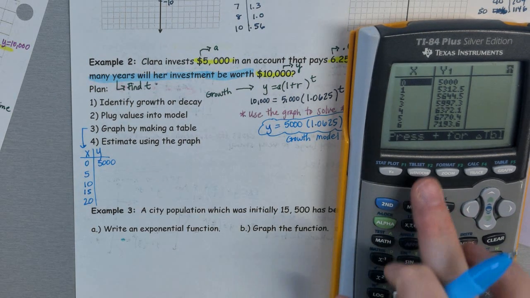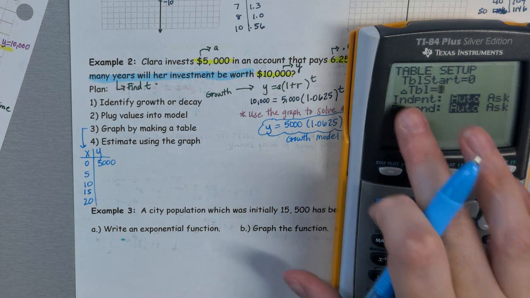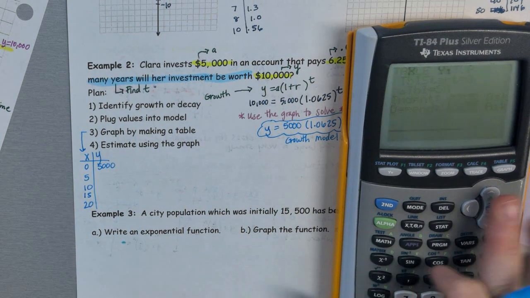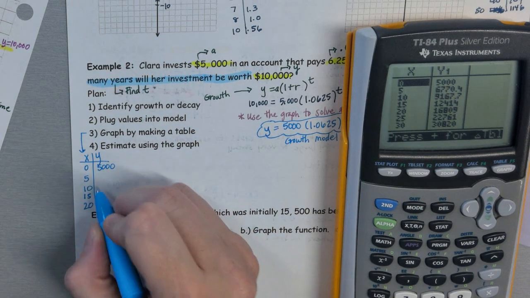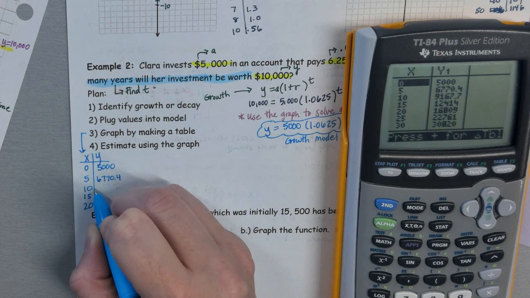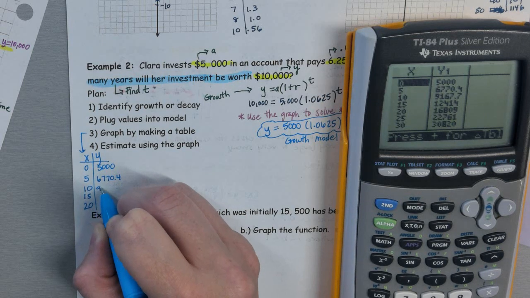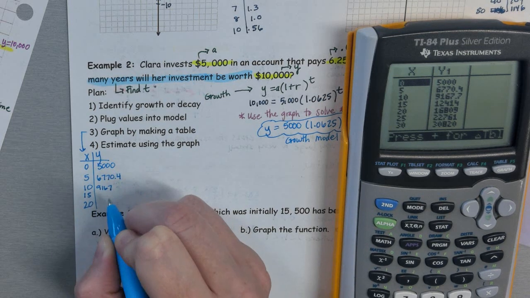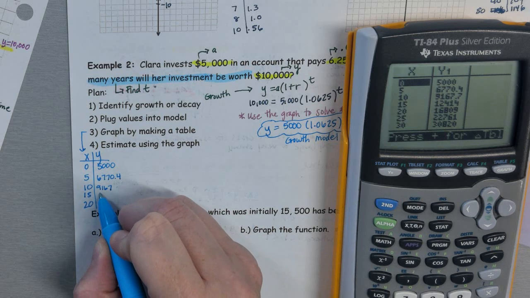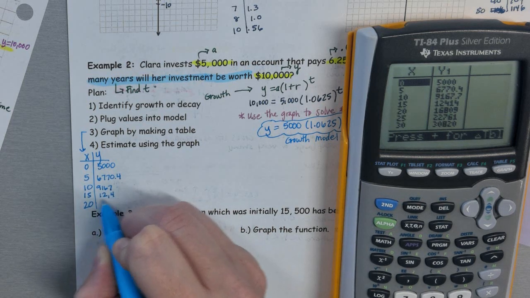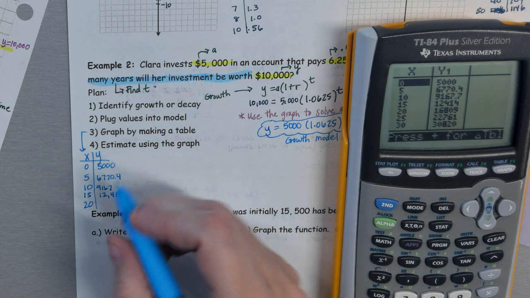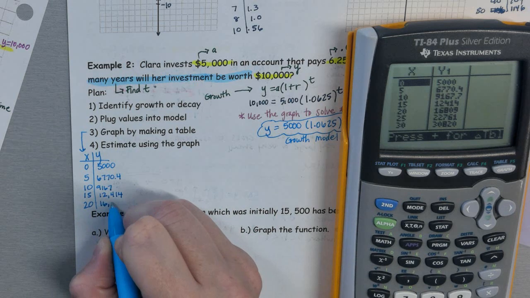So if you want to do your table set, and this means change in the table, if you want to go by 5s, so you don't have to scroll, you can absolutely do that. And it's okay if you do the whole numbers here. Now, once I get to the 12,000, I know I definitely have enough information for this.